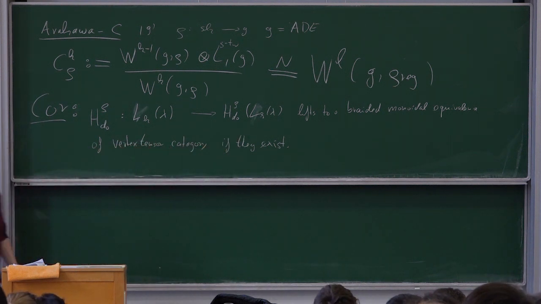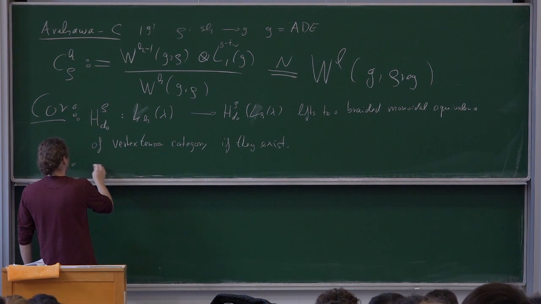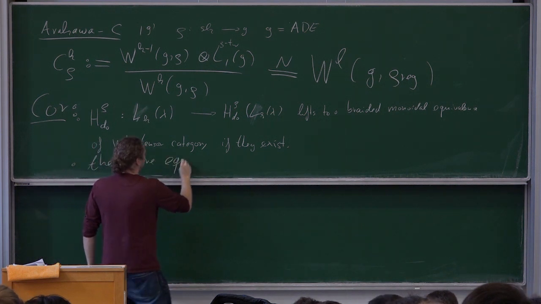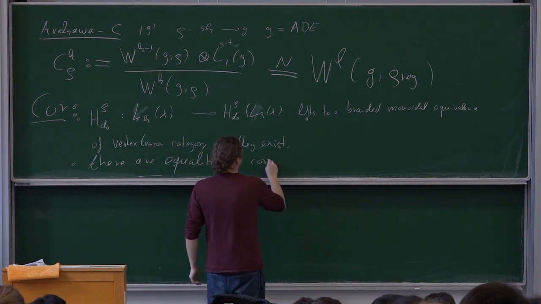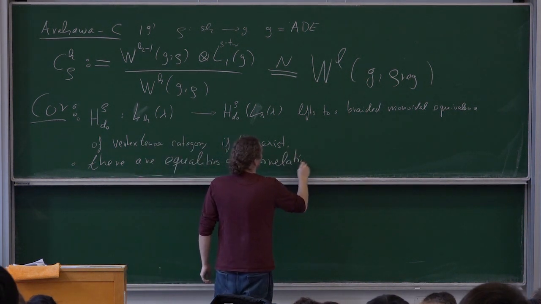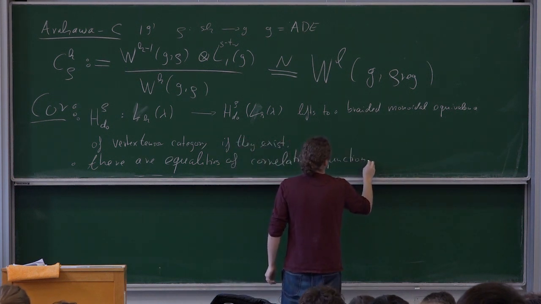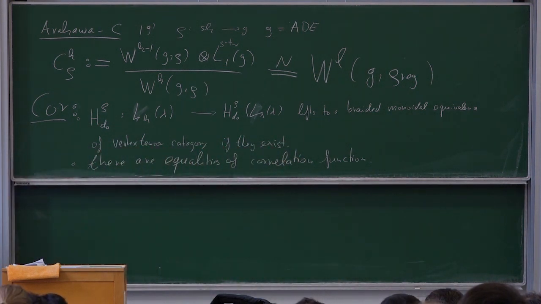And if you want to take it on a more physics level, one can also rephrase it: there are equalities of correlation functions. So you get a correspondence between certain special correlation functions. That's a more hands-on statement, maybe.